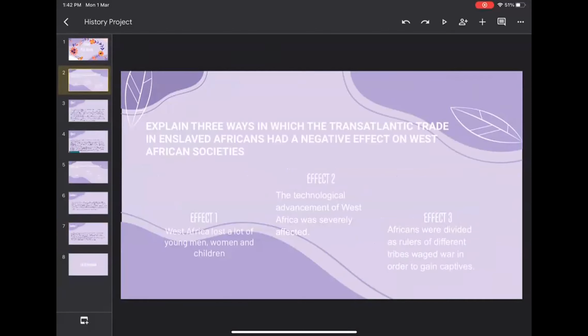Now, when you're in the exam and you get a question like this, you realize how the student put it? Effect 1, effect 2, effect 3. Effect 1, peel. Effect 2, peel. Effect 3, peel. Go to the next one.